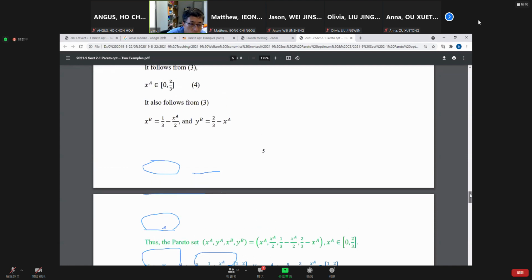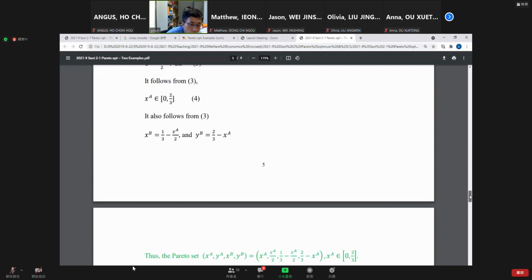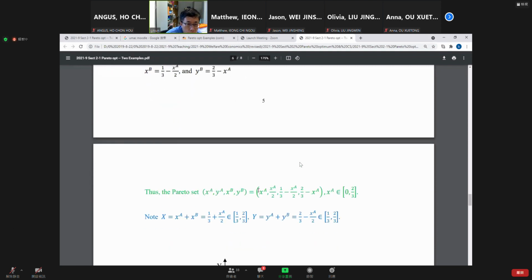So now, this is the solution. So you put together the four equations we just mentioned. For any XA, still let me mark by a different color.